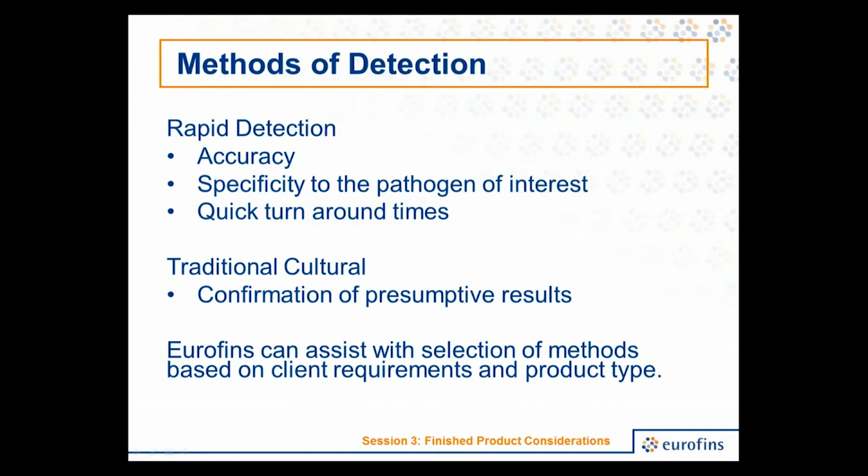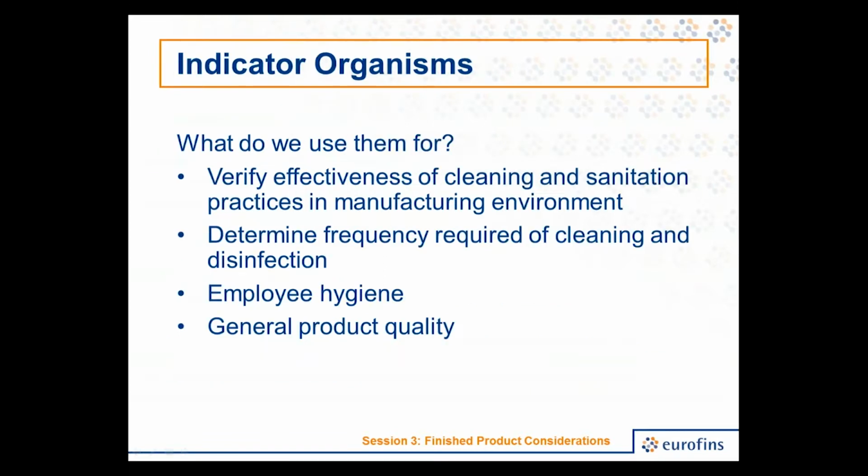So it's the cultural microbiological detection that people think of, culturing and streaking samples onto selective agars and things of that nature to verify the presence of that pathogen and to make sure that for whatever reason you didn't have any stray DNA lying in that sample that got that result on a PCR. And then we can also assist with the selection of methods based on your requirements and, of course, the product type.